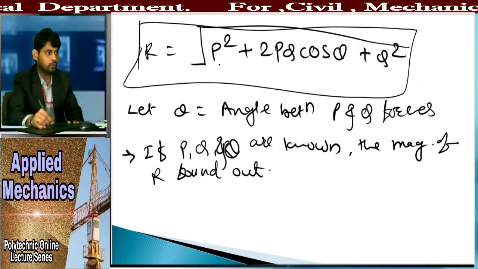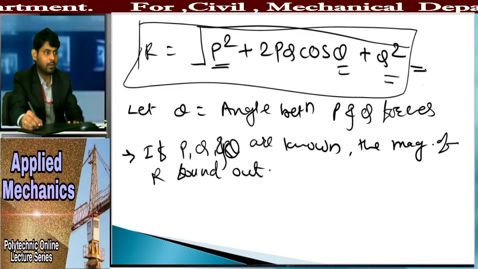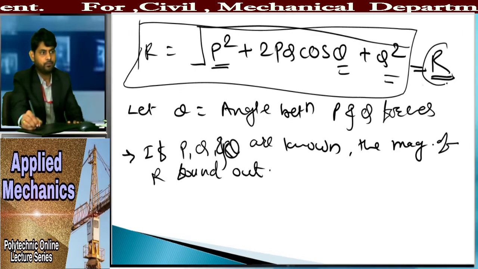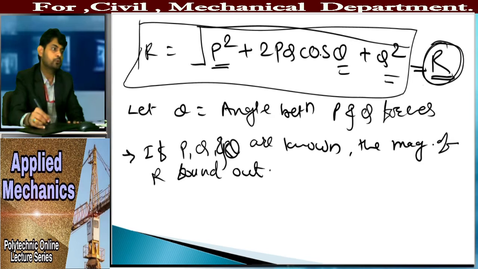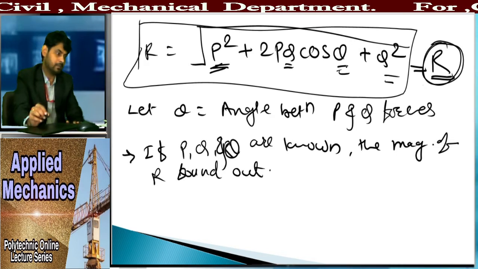Means if we know the value of P, the value of theta, and the value of Q, then we can find out the value of R. So for finding R, we should know the value of P, Q and theta, right?